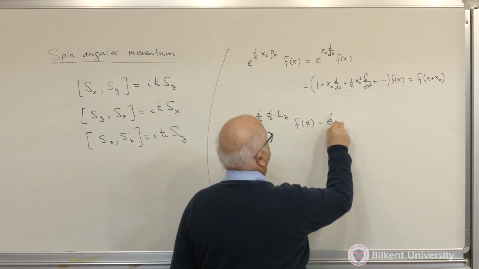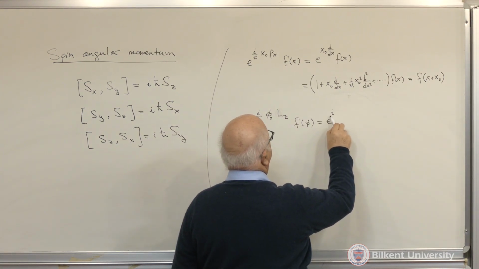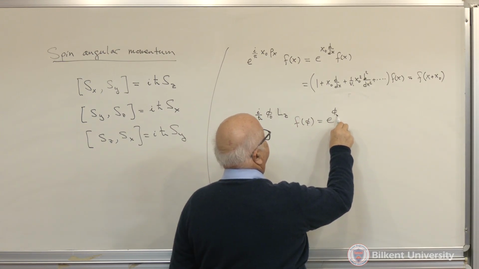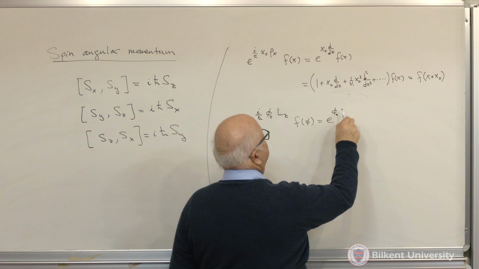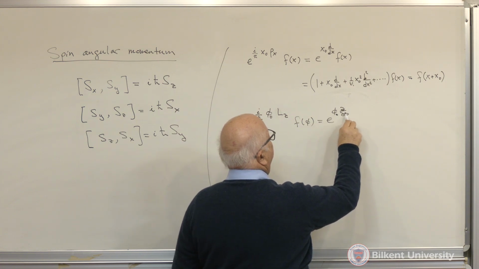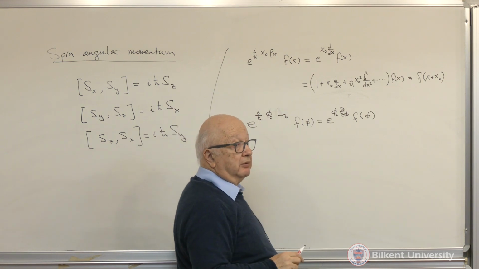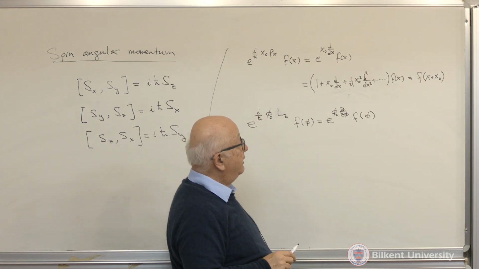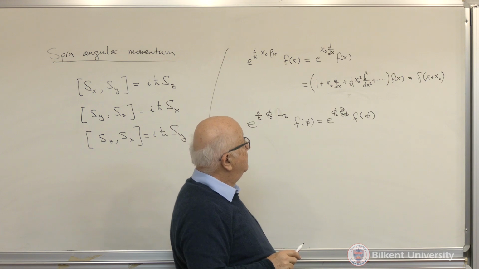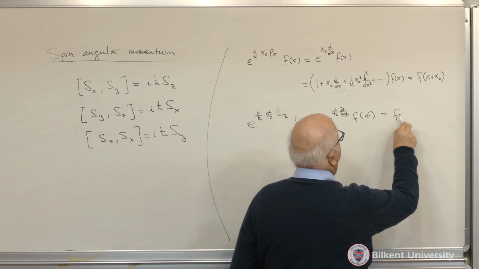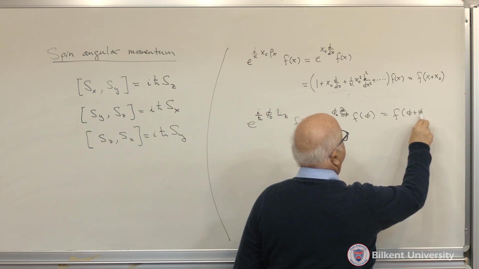So it's going to be e to the i over ħ. Well, the i over ħ's cancel because I have ħ over i in L_z. So it's going to be del/del phi, f of phi. So this is going to be f of phi plus phi0.